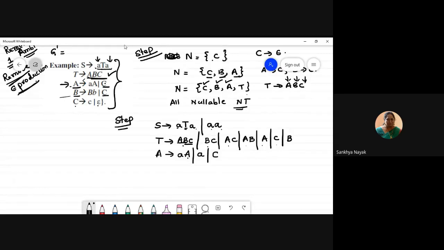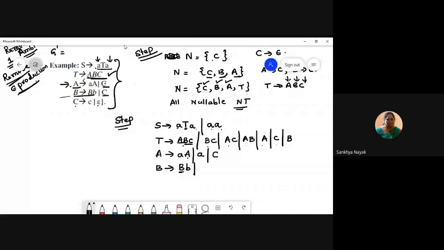Similarly, B derives BB. So I might not make B nullable, or I may make B nullable. So B derives BB turned into two productions. And then I have C derives C.